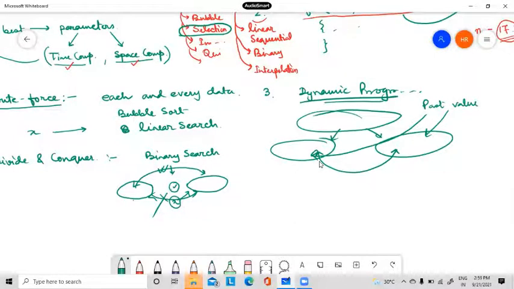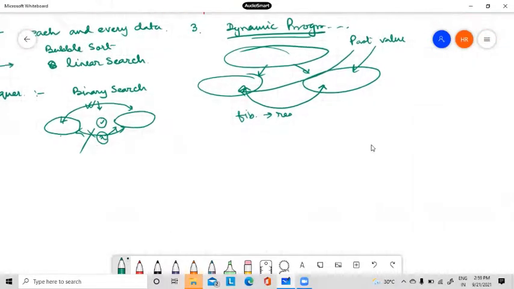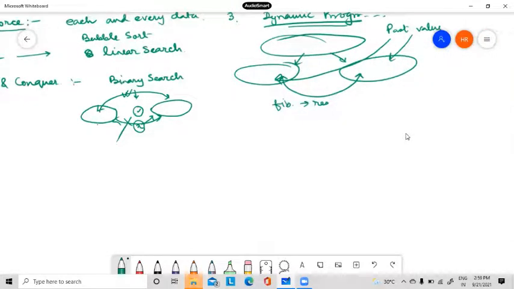A perfect example of dynamic programming is the Fibonacci series in recursive form. If you see the Fibonacci series in recursive form, I hope you know the function. Suppose I want to calculate the fifth value of the Fibonacci series. Then I will call Fibonacci 4 and then Fibonacci 3. I'm calling it recursively.